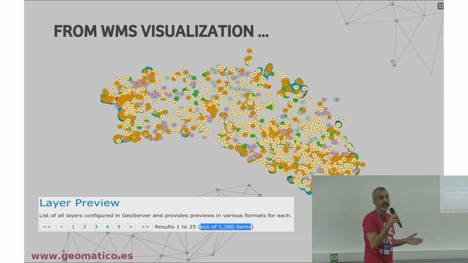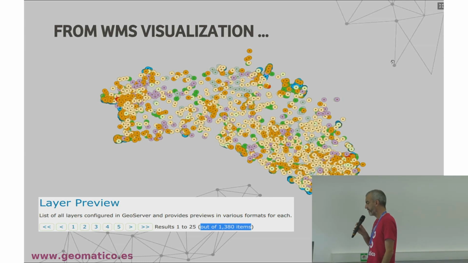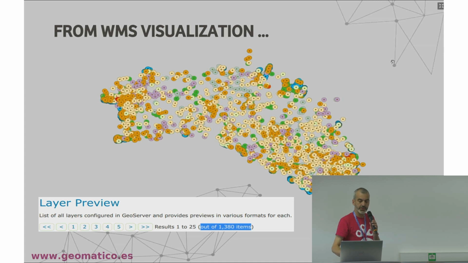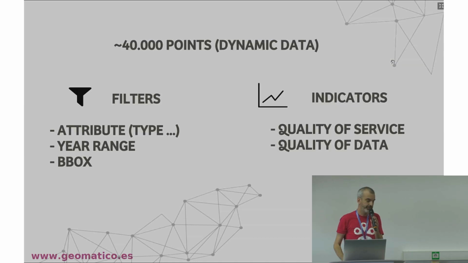They have the typical SDI with lots of layers, here more than 1,000 layers. And they have these urban files that they want an advanced visualization for. They want to analyze the data, to be able to pan and zoom, and the graphs and charts have to change dynamically.